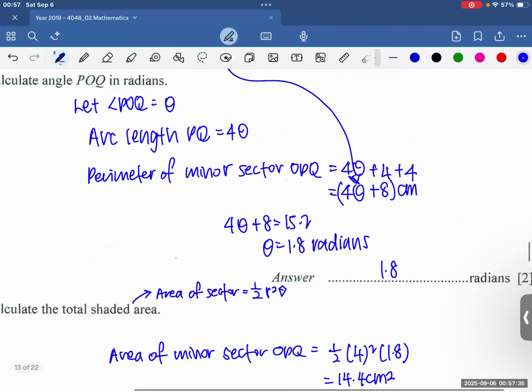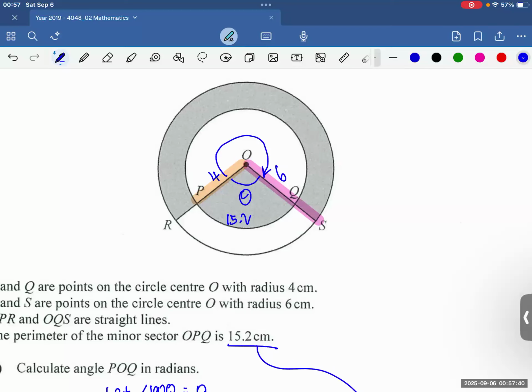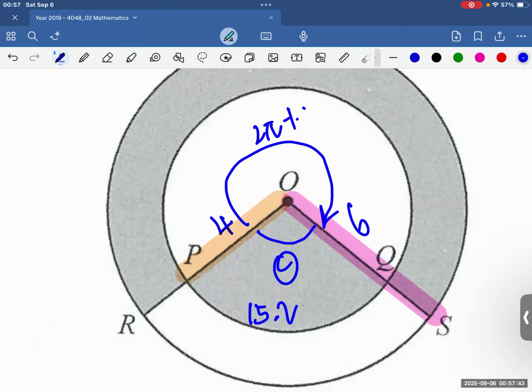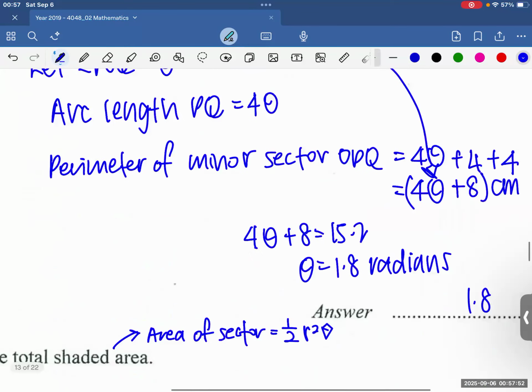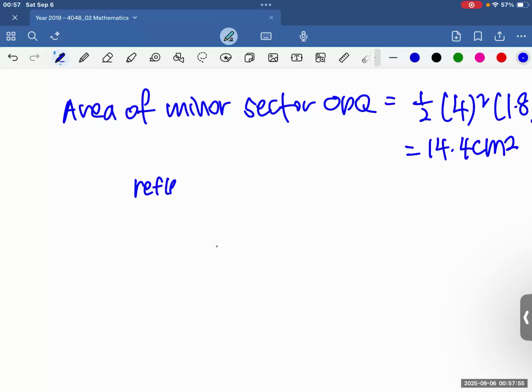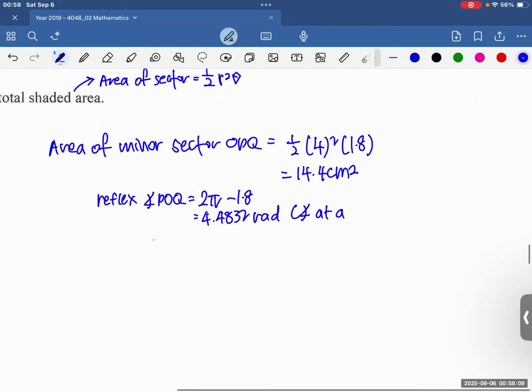Now the reflex of POQ, this entire angle, is 2 pi minus 1.8. This gives us 4.4832 radians. I'm going to write it down here as well. The property is angles at a point.